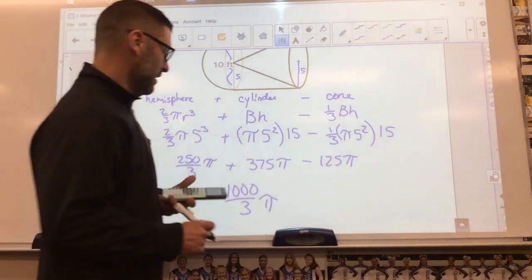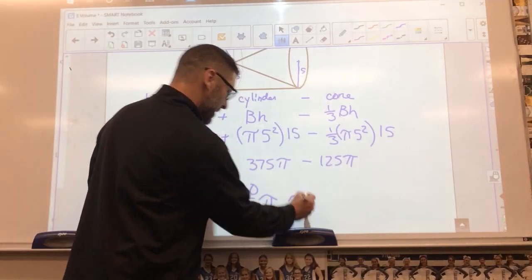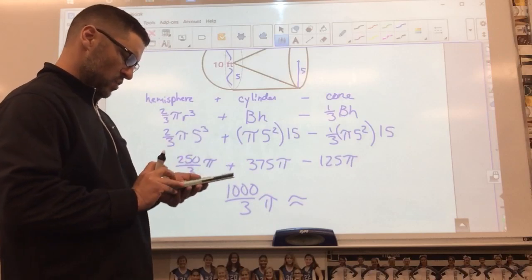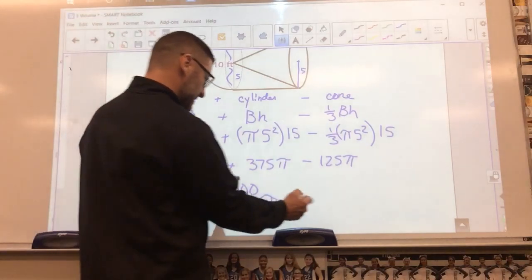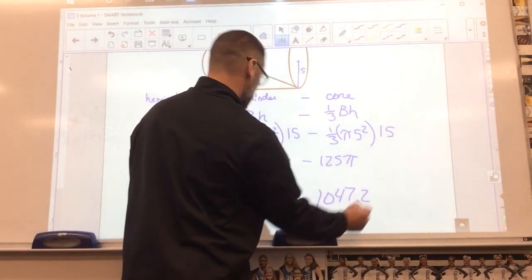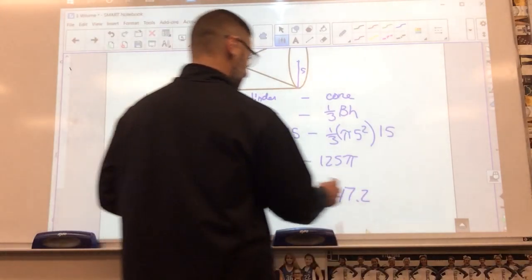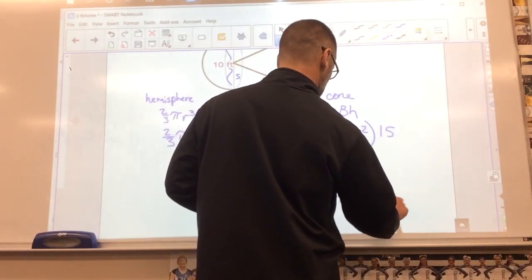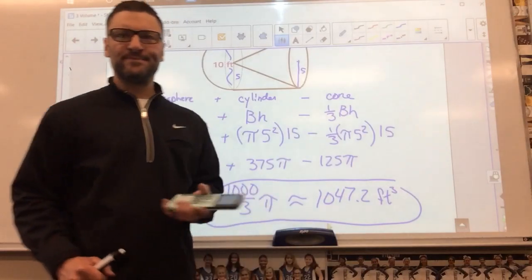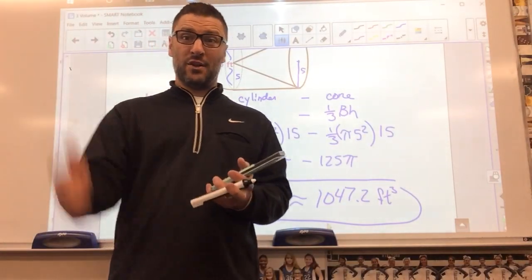Okay, that would be fine. Let's go ahead and write the exact answer, 1,000 over 3 times pi. This is the exact answer, and the decimal approximation would be 1047.2. And it's set in feet, so that would be in feet cubed. And I have it. All right, good luck with your assignment.